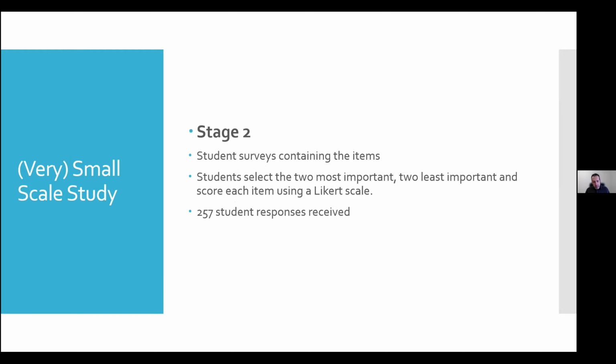As such, items were put to students in a survey, given in Japanese and English, and asked students to select 2 items they see as being the most important, as well as the 2 they see as being the least important in an English teacher. They were also asked to score each item in terms of importance on a 5-point Likert scale. A total of 257 student responses were received.